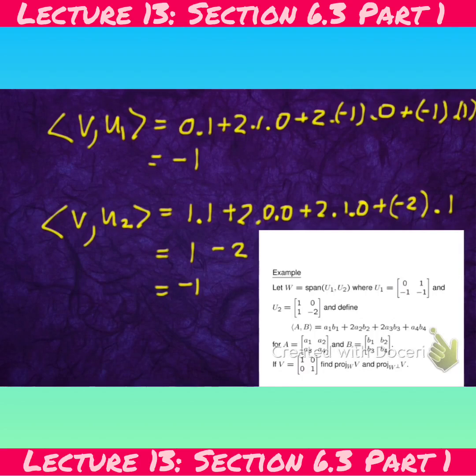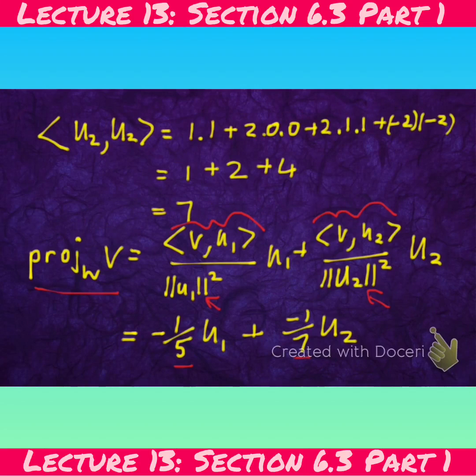Then if we take the inner product of V with u2, that term multiplied by that term plus twice that term multiplied by that term plus twice that term multiplied by that term plus that term multiplied by that term, that is going to give me an answer of -1. So going back, we can replace both of those things that I worked out with -1 and -1.